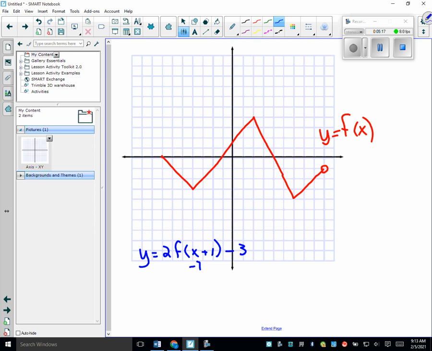Let's think about this. What did I say? Left 1 and down 3. So shouldn't this point now be here? Yeah. Right?